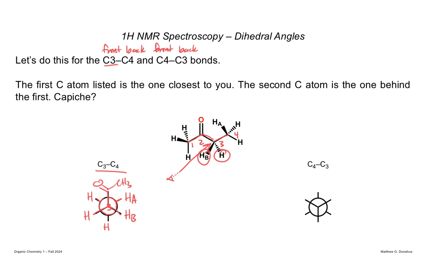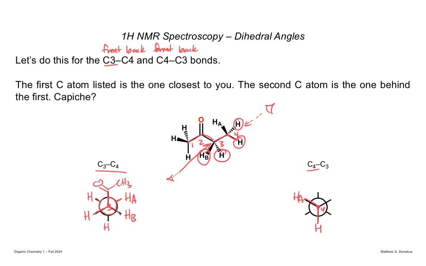So in the other Newman projection, where we're looking down and C4 is the front, we see that the bond going down is going to be this hydrogen here. The bond projected out towards you, HA, is going to be to the left.